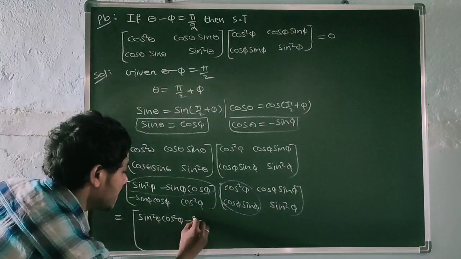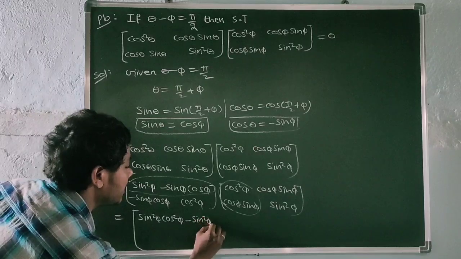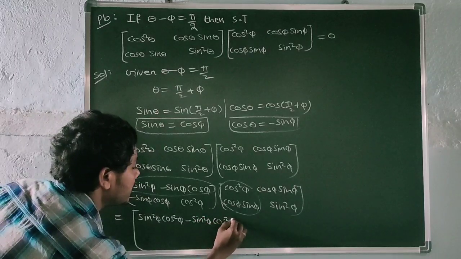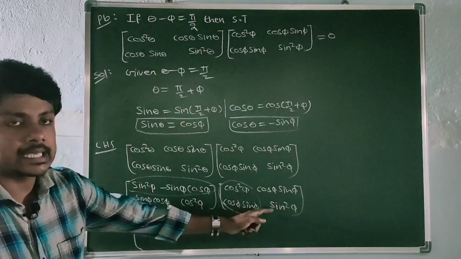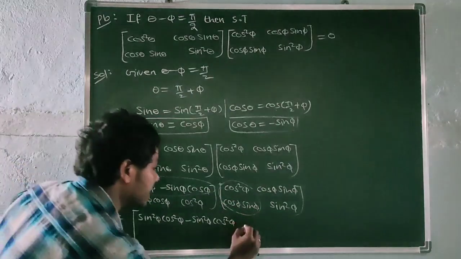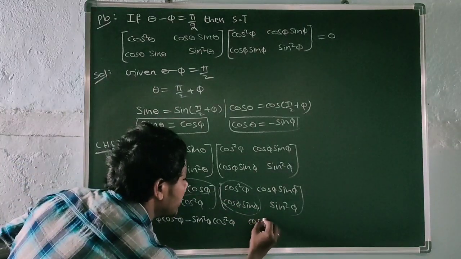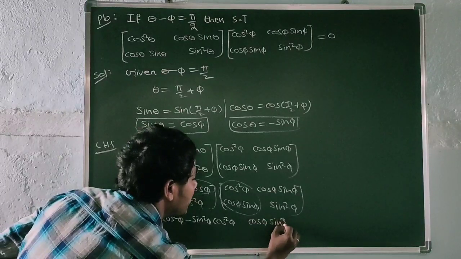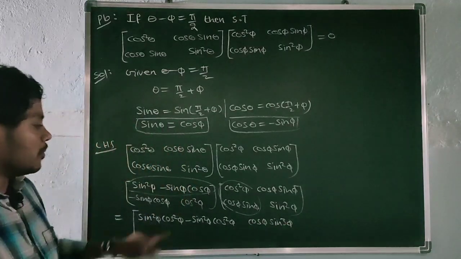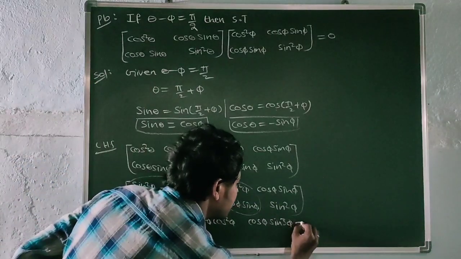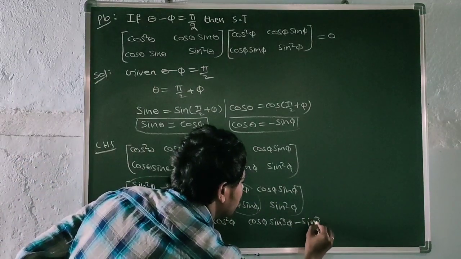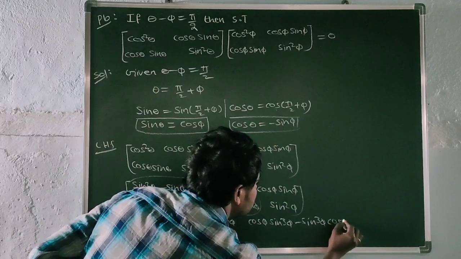That is minus sin square phi cos square phi. And again multiplying first row with the second column. So what you get? Cos phi sin cube phi and minus sin phi cos phi into sin square phi. So that is minus sin cube phi cos phi.